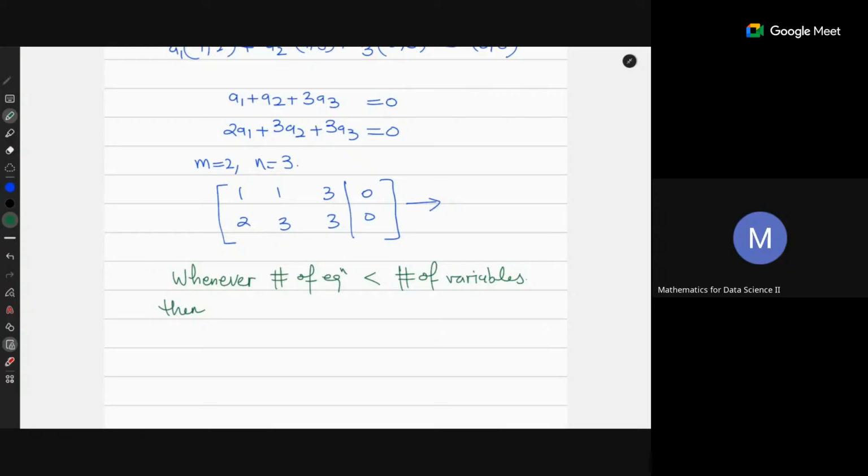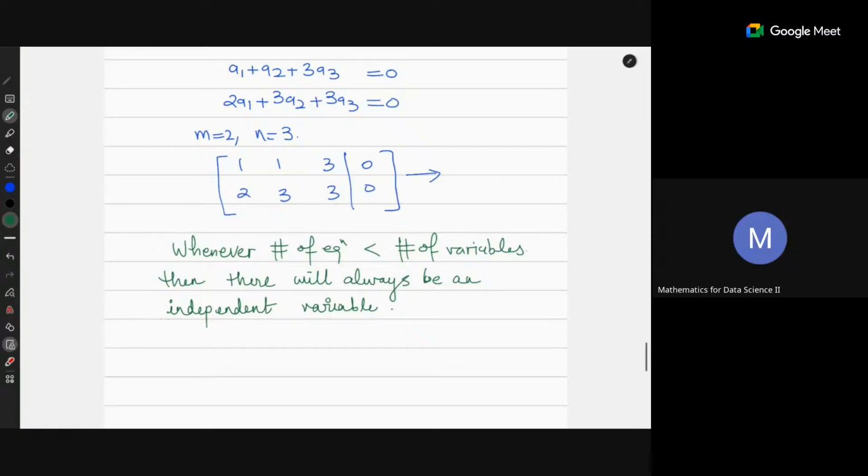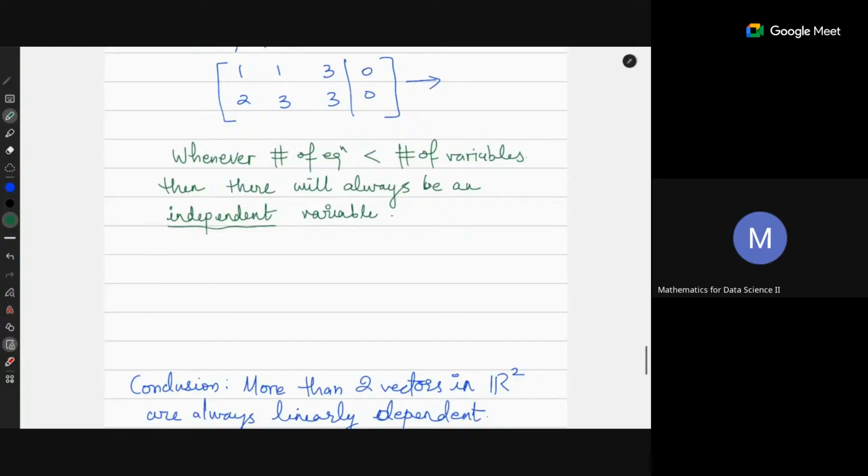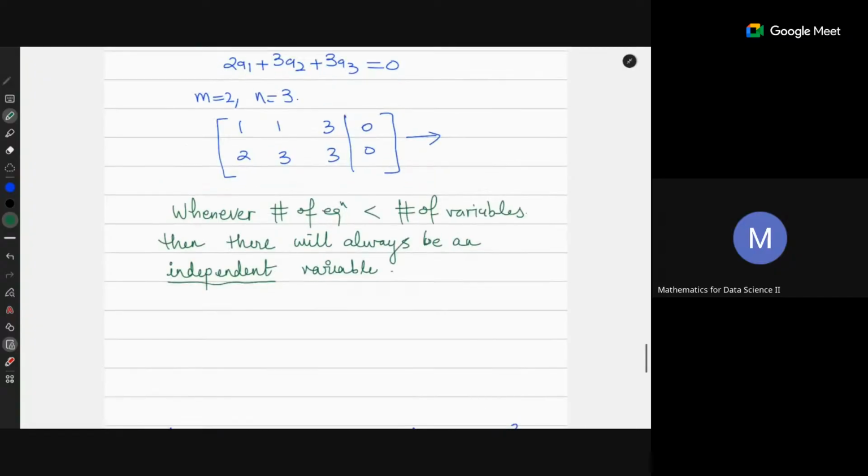And whenever you have an independent variable, it means you have infinitely many solutions. That is what we have noticed. So in other words, there are infinite solutions.